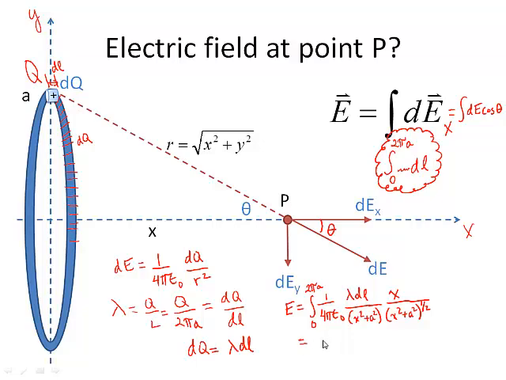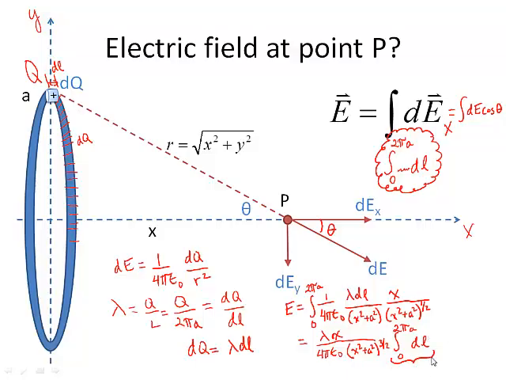So this is going to be lambda times x over 4 pi epsilon naught times, also in the denominator, x squared plus a squared to the 3/2 power. That's all times the integral from 0 to 2 pi a of dl.